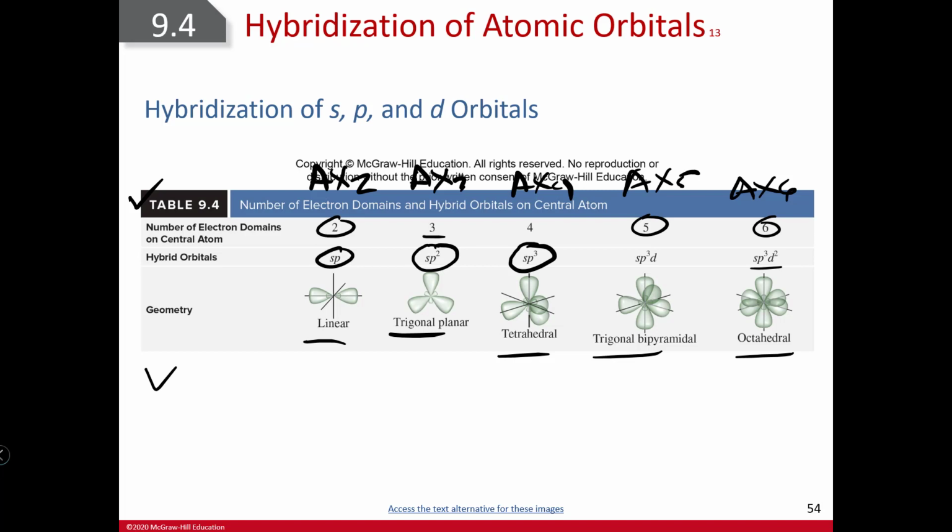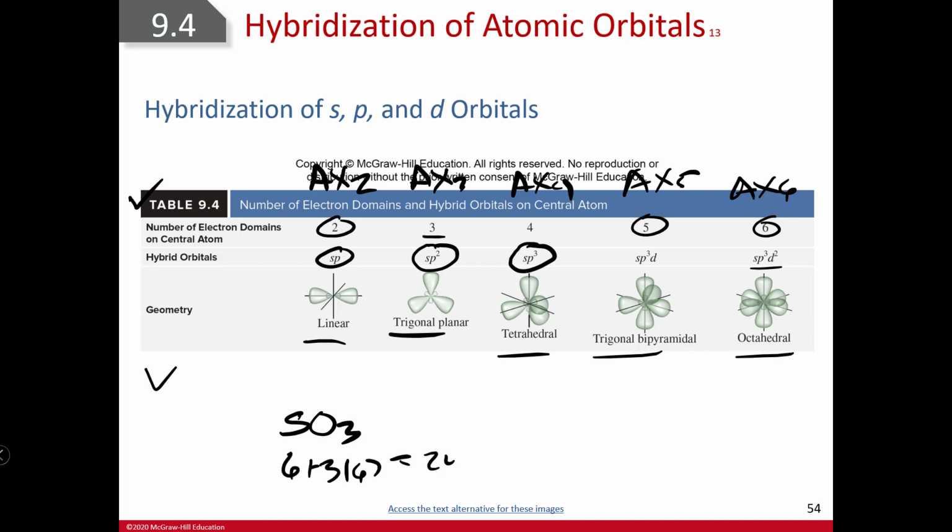I want to say, all right, I give you sulfur trioxide, and I want you to tell me what the hybridization for that is. So you go sulfur trioxide, okay, in chapter 8, I learned how to do a Lewis structure, so it was 6 plus 3 times 6.